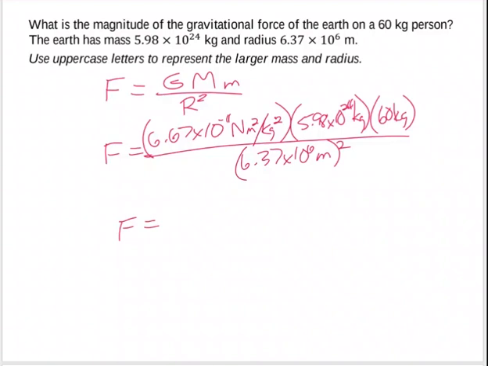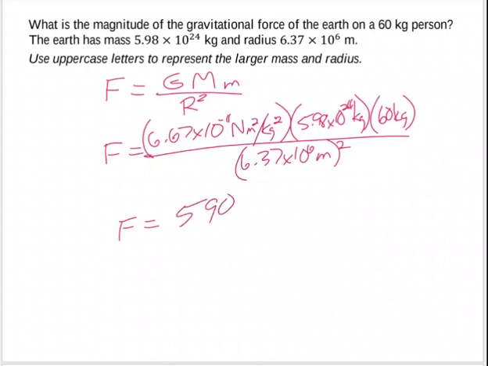No, I squared it. 6.37 times 10 to the 6th, squared. No, not 5.89, 5.98. Oh, 5.98, that's it? 0.793. Okay, so we're probably going to call that 590.